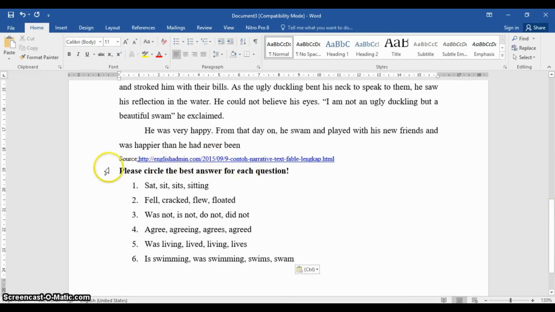Here is the instruction. Please circle the best answer for each question. So the students have to make a circle for one of the best answer. For example, like sat or sit or sits or sitting.